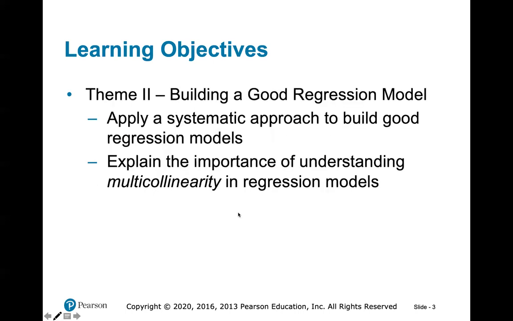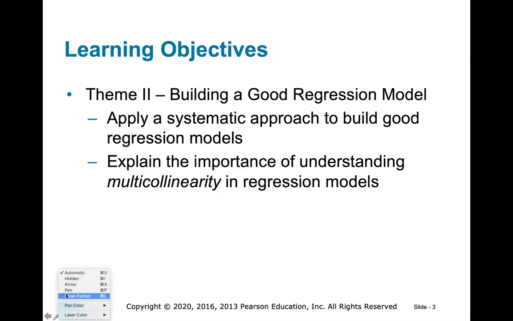Tomorrow, and hopefully Tuesday, and not spilling into Wednesday, we'll learn how to build a good regression model. What does it take to build a decent, very solid regression model? What are some factors we need to look out for? In doing that, we will apply a systematic approach to building good regression models.